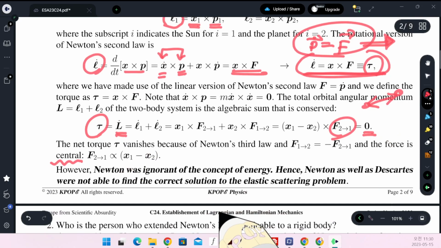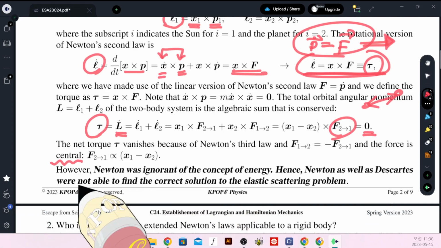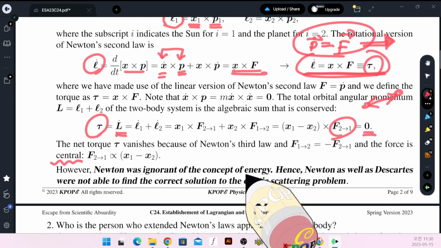However, many of you might misunderstand that Newton knew very well about energy.